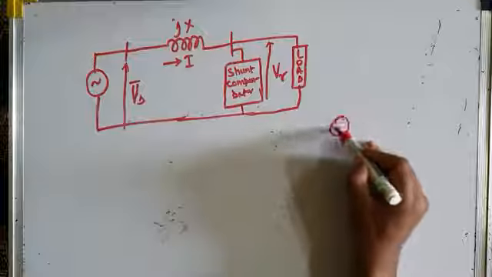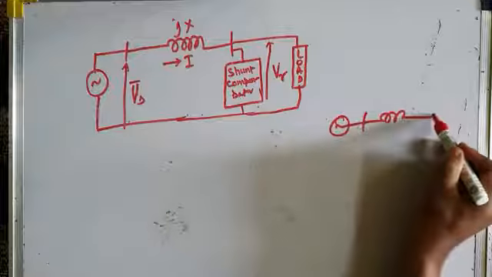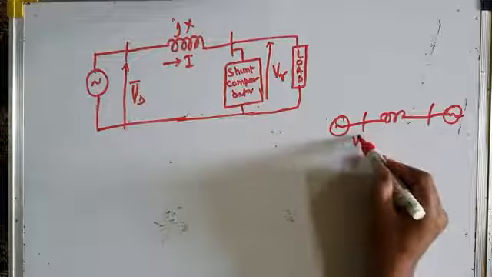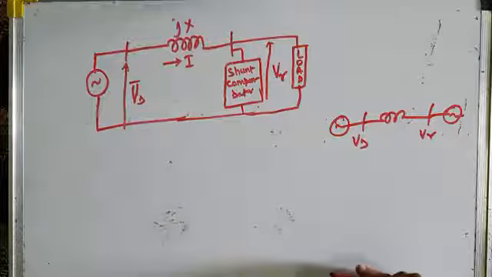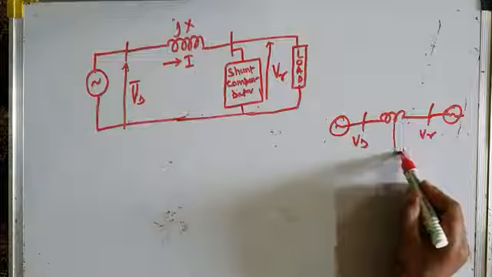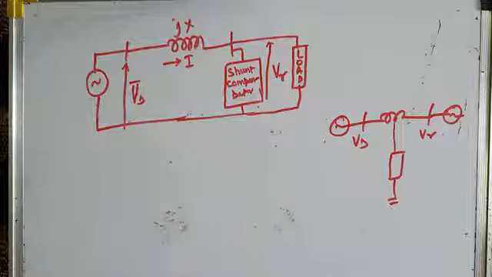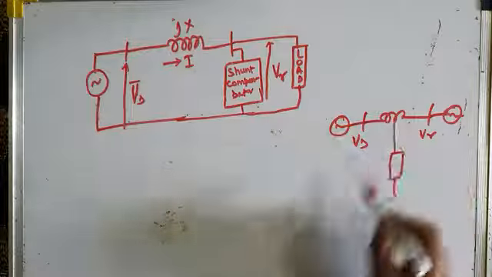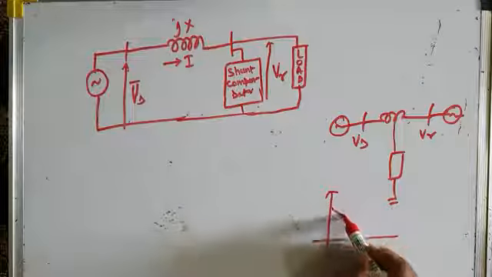But if it would have been a system like this, a two bus system, where this was the sending end voltage, and this was the receiving end voltage, in that case the best location of the shunt compensator was in the middle of the transmission line, because we know for this two bus system, the maximum voltage drop occurs in the middle of the transmission line like this.